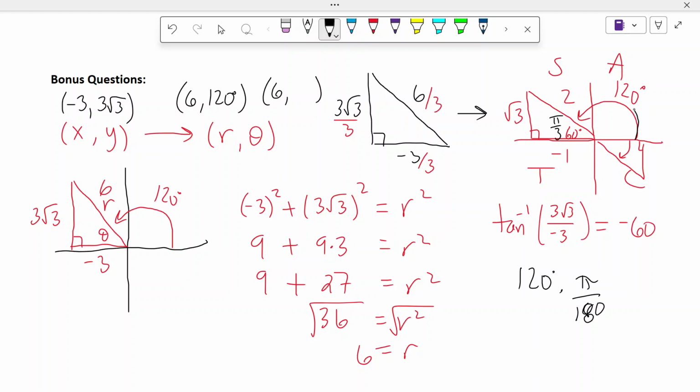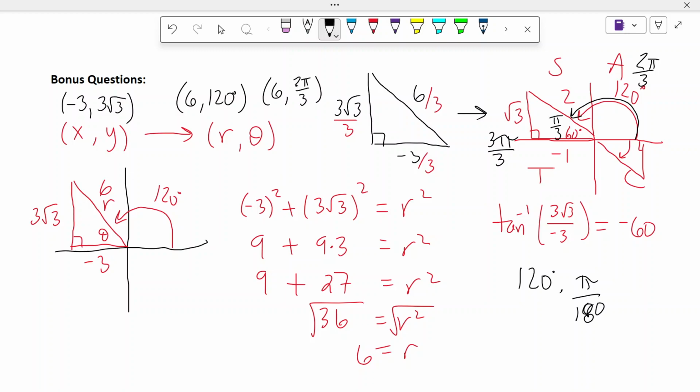We want the amount of angle to get us over here with a reference angle of pi over 3. Right here would be a full pi, 180 degrees, which is 3 pi over 3. But we're pi over 3 shy from a full pi, so that would be 2 pi over 3. This is 2/3 of pi because the reference angle is just 1/3 of pi. So that would be my radian answer.